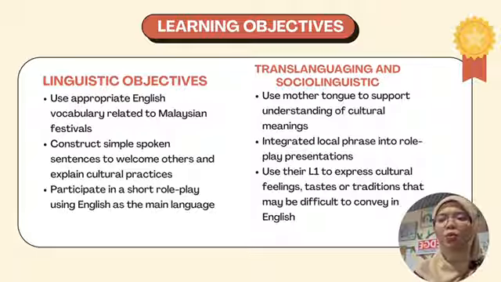From a linguistic perspective, students will be able to use appropriate English vocabulary related to Malaysian festivals, which allows them to talk about familiar celebrations, activities, and traditions using English words.